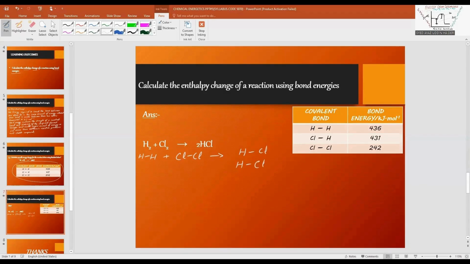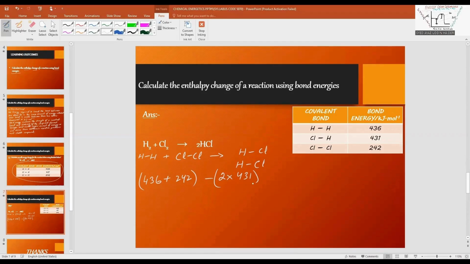Now what I'm going to do, I will add up the bond energies of hydrogen and chlorine molecules. Both of these are reactant side. So what we will get? 436 plus 242. And the bond energy on the product side will be subtracted from these values. So we'll multiply 2 by 431. Cl-H means same as H-Cl.